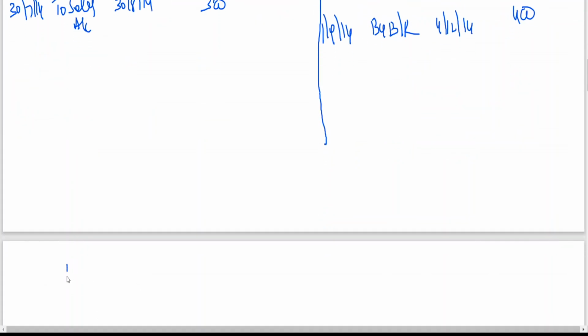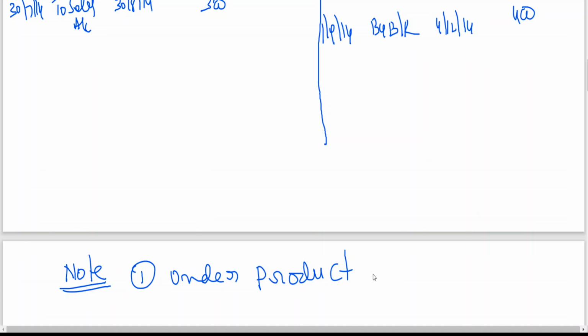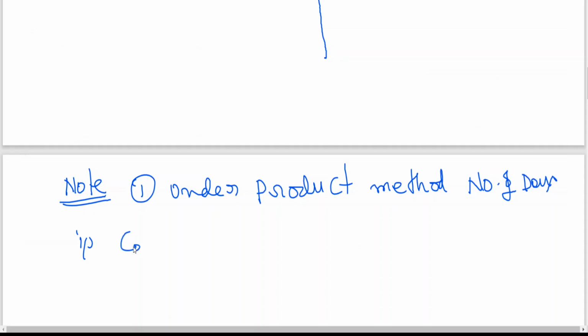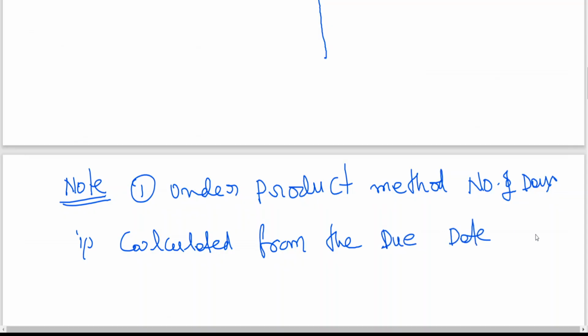So here I am writing a note. Point number 1, under product method, number of days is calculated from the due date up to the date of sending the statement.